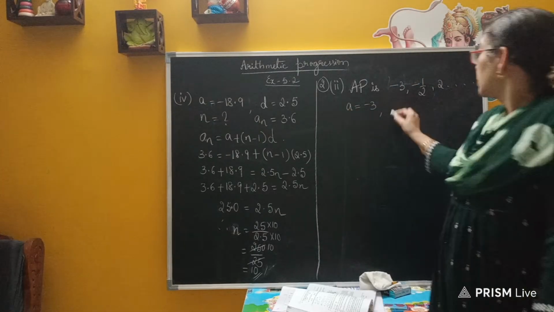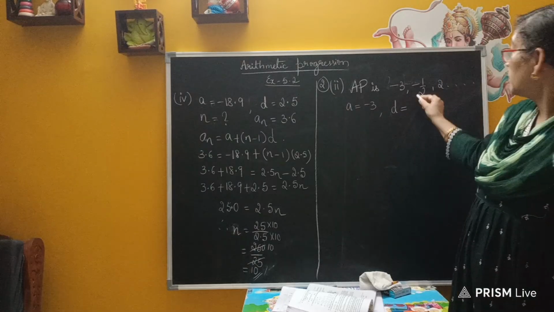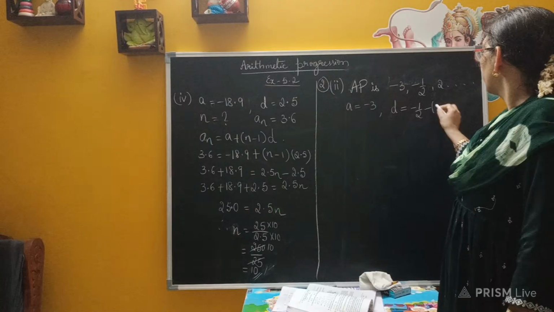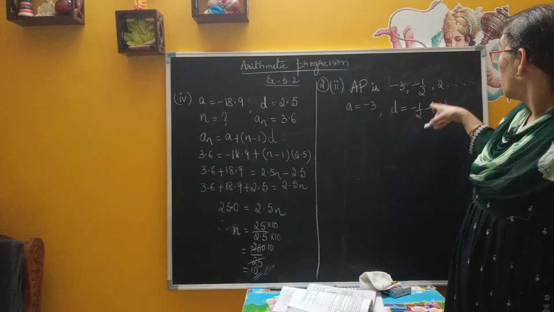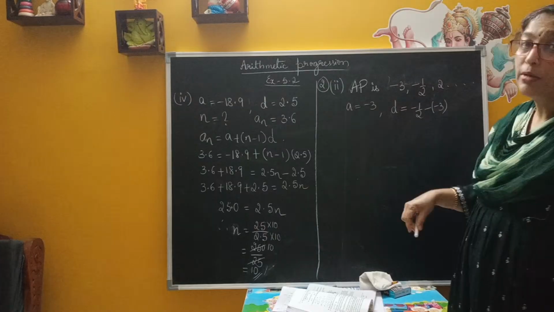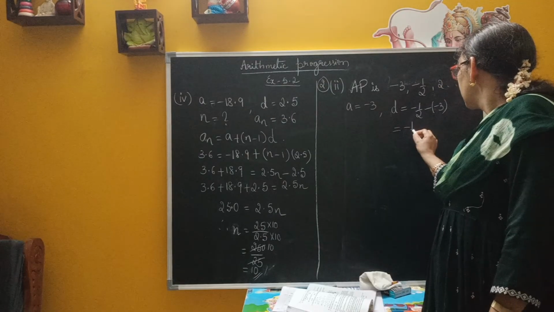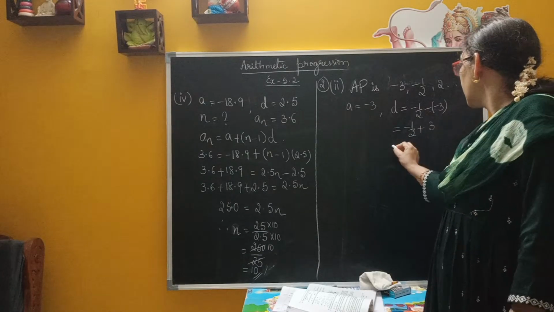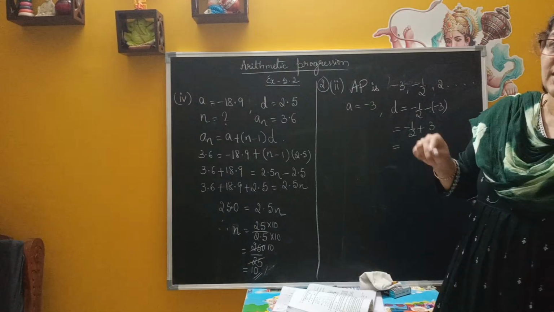Common difference d is minus 1 by 2 minus of minus 3. We are subtracting. Or 2 minus of minus half. Okay, so minus 1 by 2, minus into minus becomes plus, plus 3. 3 minus 1 by 2, how much do we get? 2 and half, isn't it?